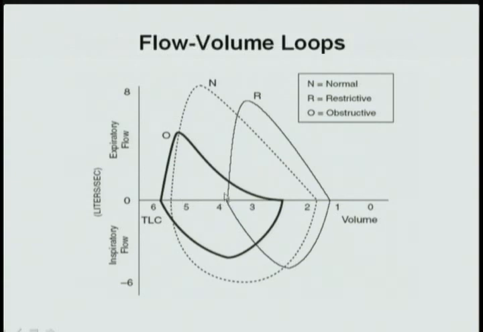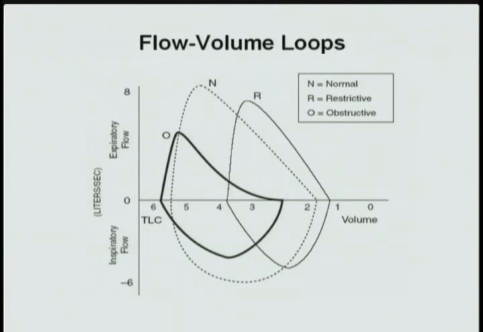The whole curve is decreased because they can't contain volumes in their lungs, since their lung fields are small. So any curve shifted to the right of a normal curve, like our patient here with R, restrictive, that patient has a restrictive disease.